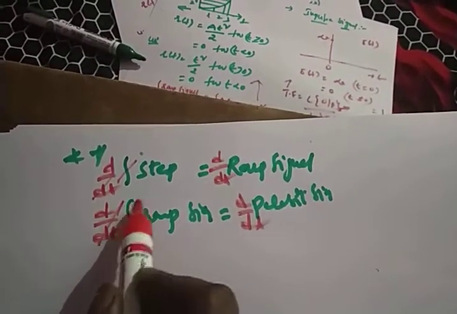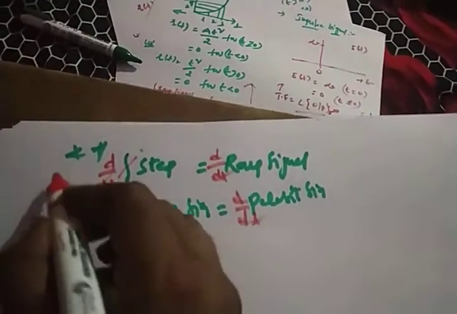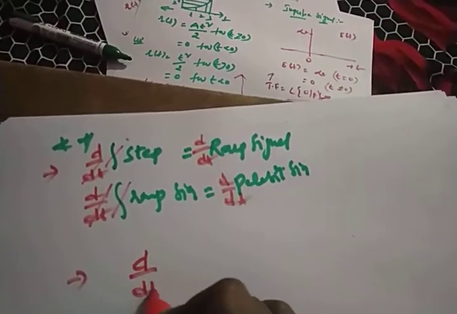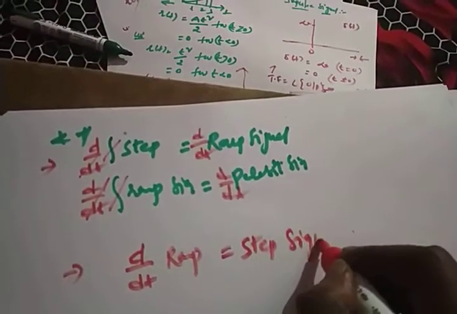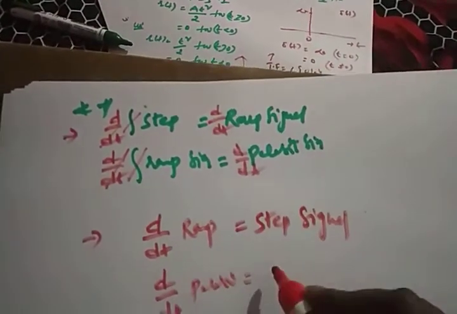Now we will define one more equation. The derivative of a ramp signal gives a step signal, or else the derivative of a parabolic signal gives a ramp signal. This is one more equation that you got.